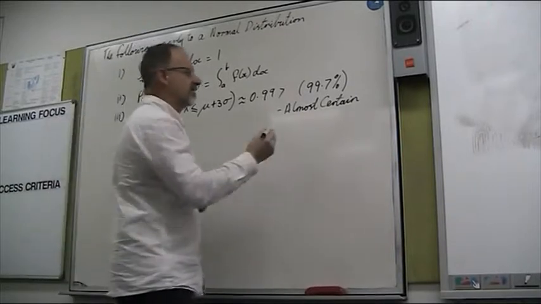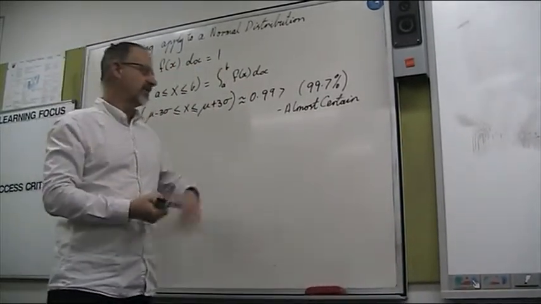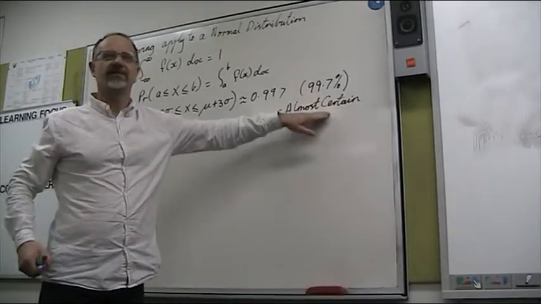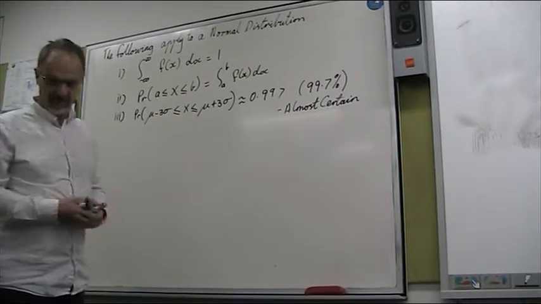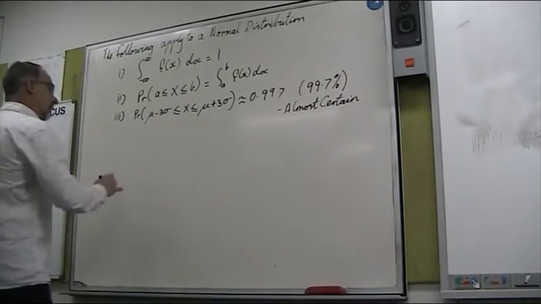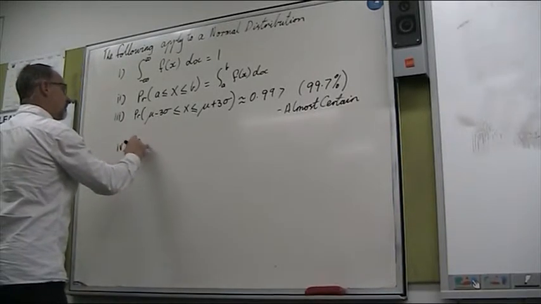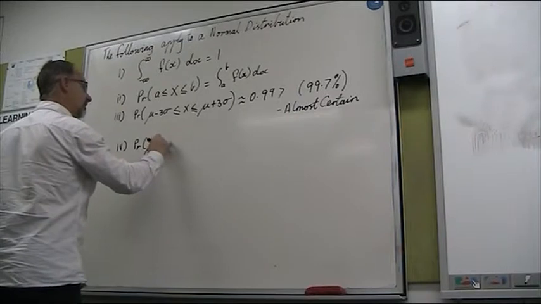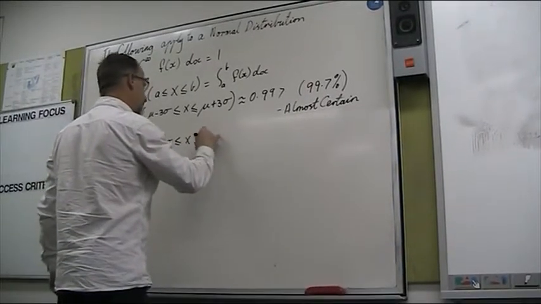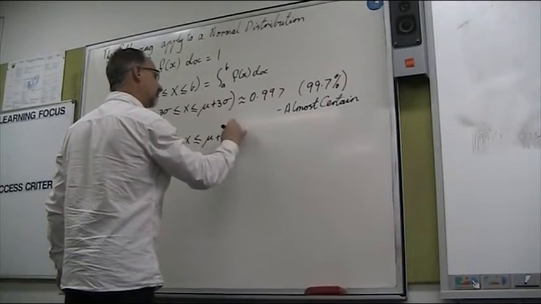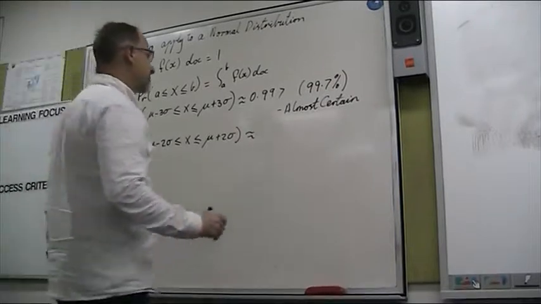Sometimes you see the words that go along with this: almost certain. So if you're reading almost certain, then this is what they're referring to. There is another, and that's if the probability is somewhere between 2 standard deviations below and 2 standard deviations above, and that's about 95%.